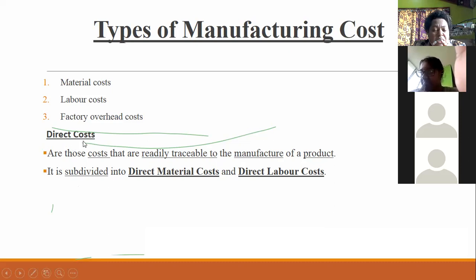Now, this direct cost is further divided into direct material cost and direct labor cost. These are the 2 types of direct costs: direct material cost and direct labor cost.